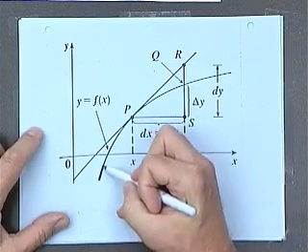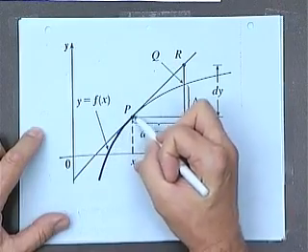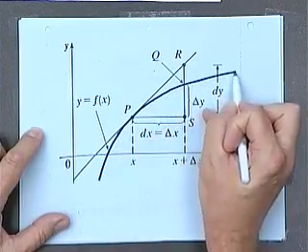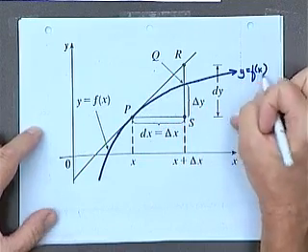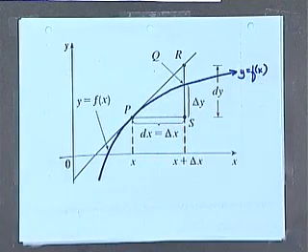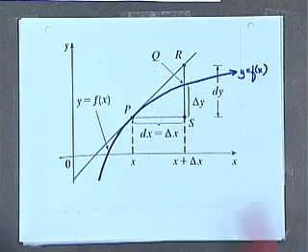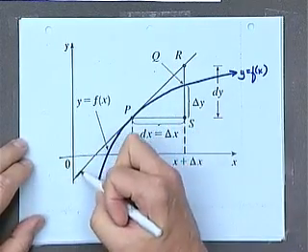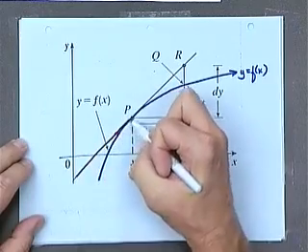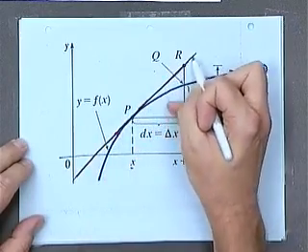Here is the curve itself. That's our f(x), and we're trying to find out what is happening along the curve. And then at a specific point, they've drawn a line that's tangent to the curve.